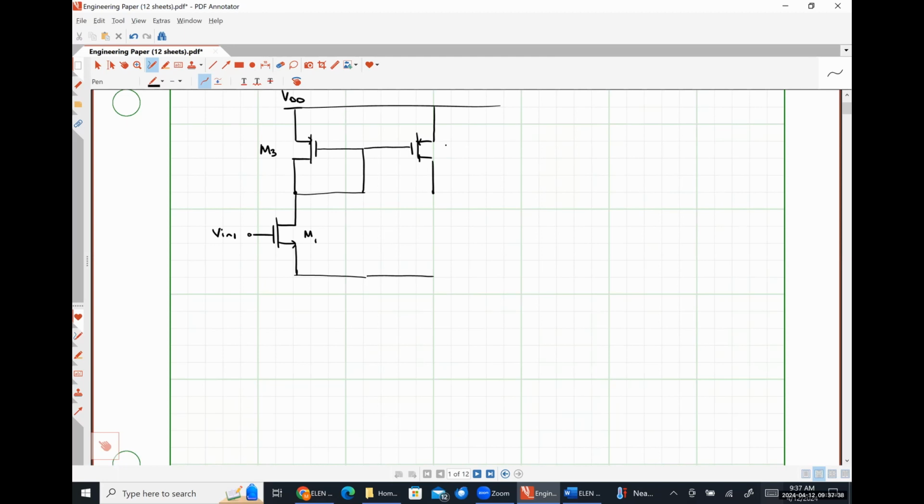This transistor on the top right is going to be labeled M4. Here's VIN2. And here is our tail current source, ISS.